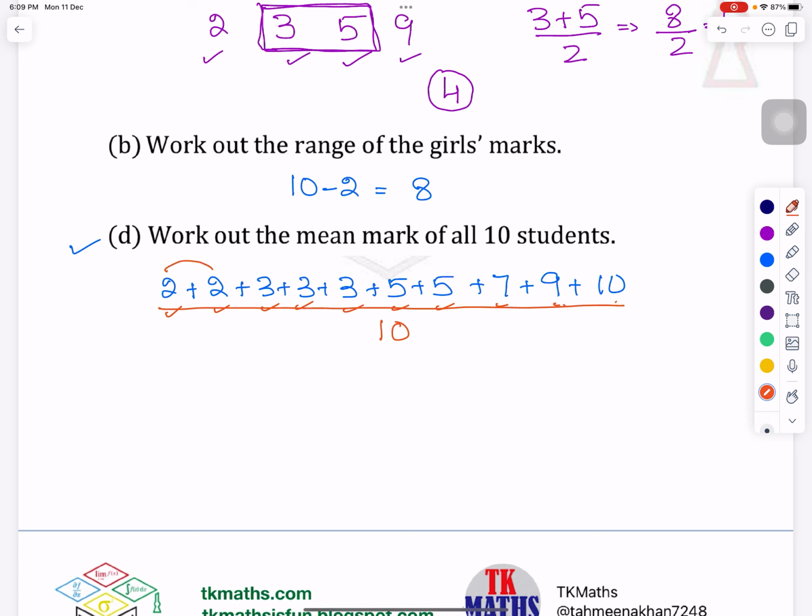So let's add up. 2 plus 2 is 4. 4 plus 3 is 7. 7 plus 3 is 10. 10 plus 3 is 13.